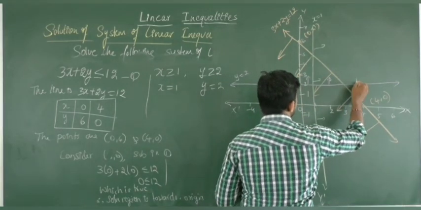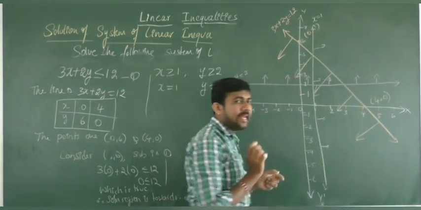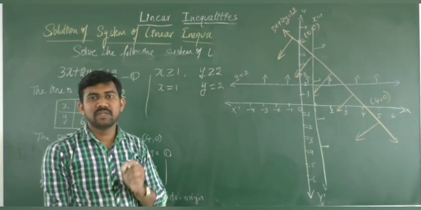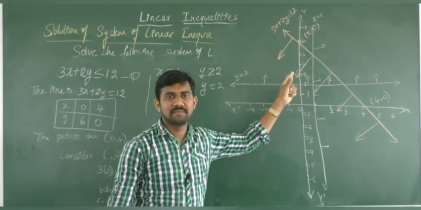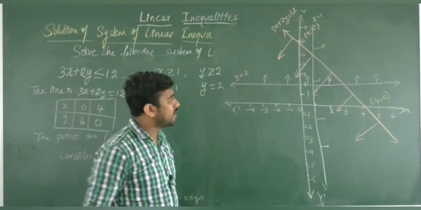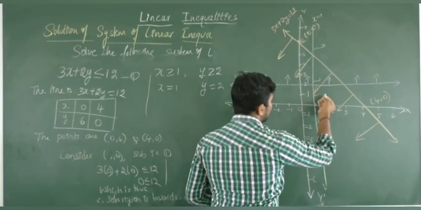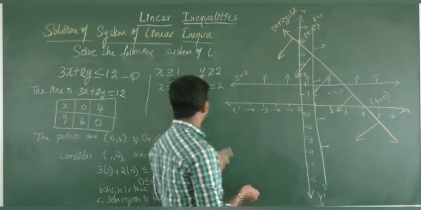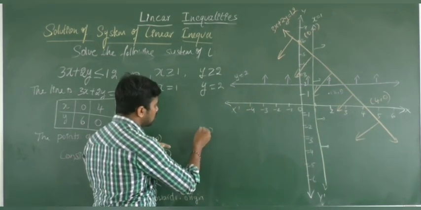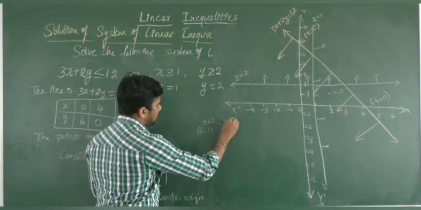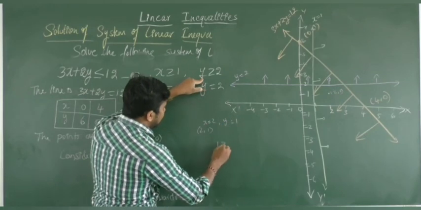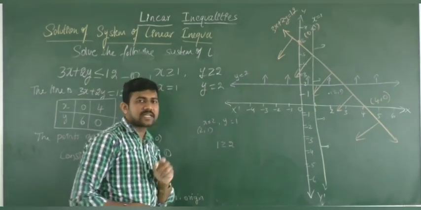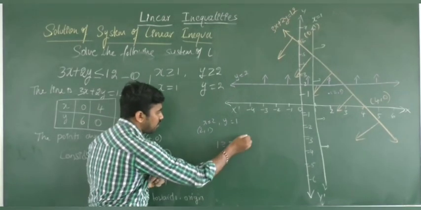If you want, you can check by considering any arbitrary point which does not lie on this line. Again, I'll consider the point (2, 1). If you substitute x is 2, y is 1, here 1 greater than or equal to 2, whether 1 is greater than 2, no, which is false.